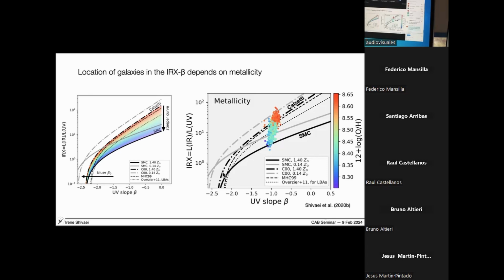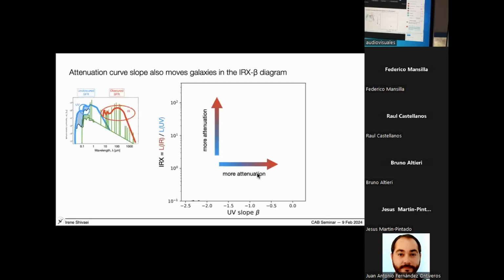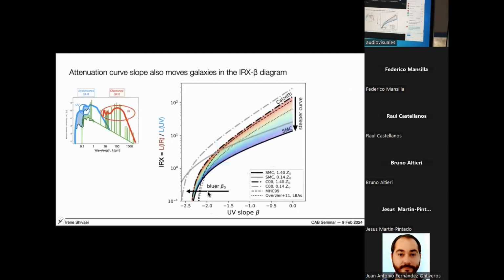And the reason is that depending on the metallicity, your intrinsic UV slope changes. And that will shift the locus of galaxies to left and right in this diagram. So for lower metallicity, you will have a bluer intrinsic UV slope.